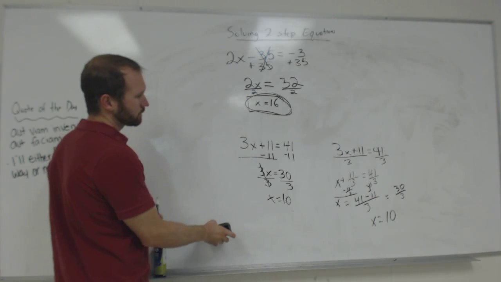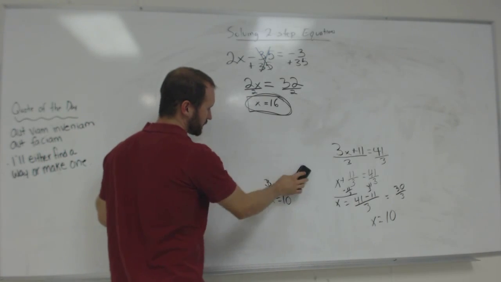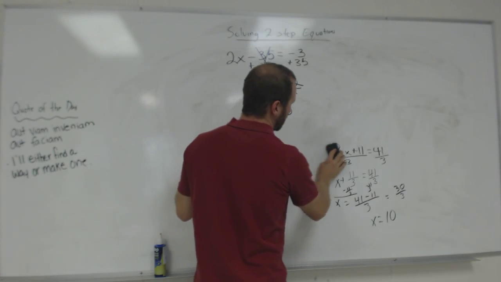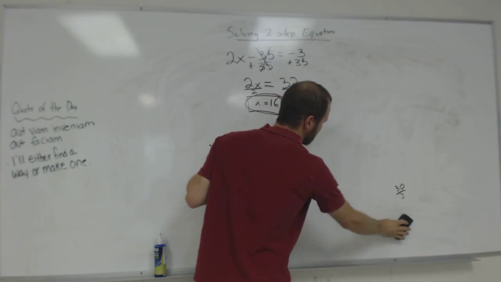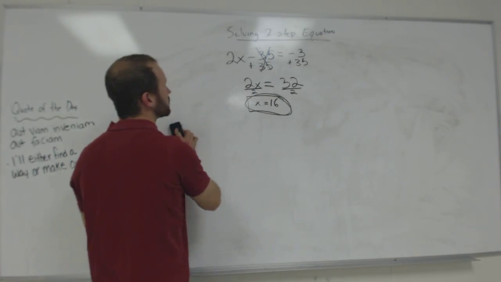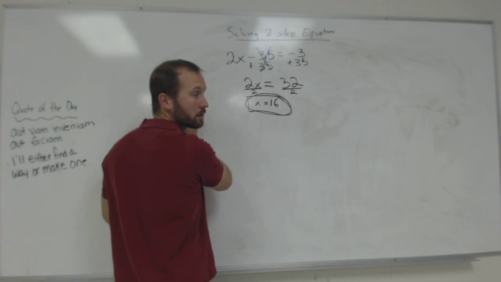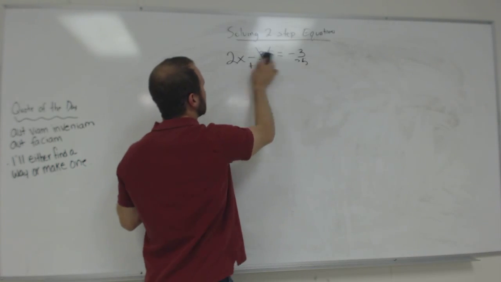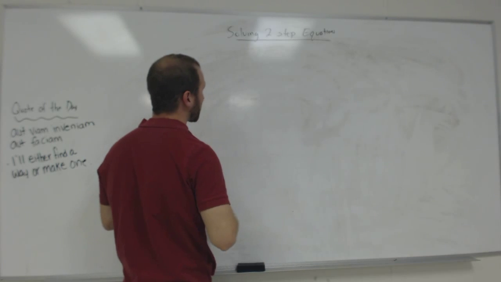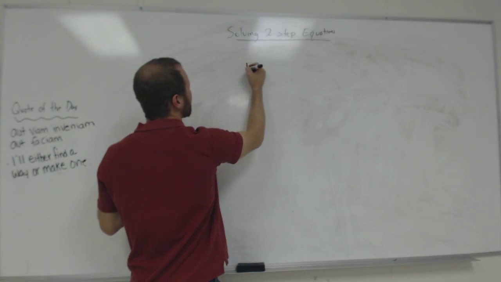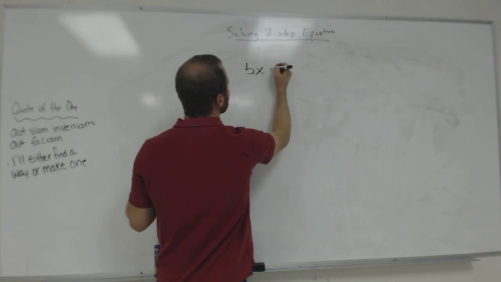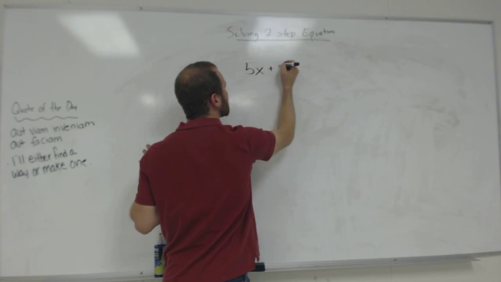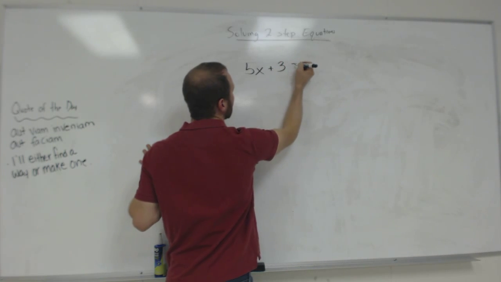All right. Let's do some more examples. How about this? 5x plus 3 equals 18.